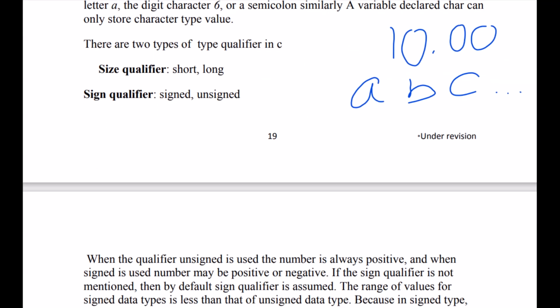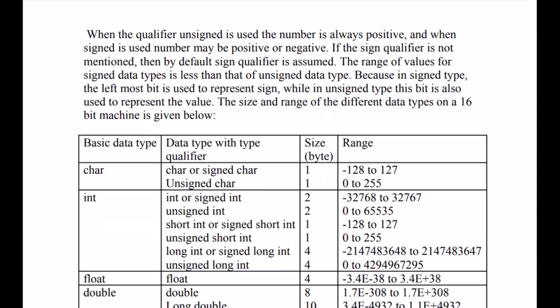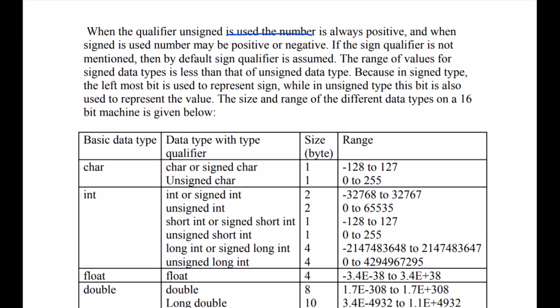There are two types of type qualifiers in C. Size qualifiers, that are short and long, and sign qualifiers, that are signed and unsigned. When the qualifier unsigned is used, the number is always positive, and when signed is used, the number may be positive or negative.